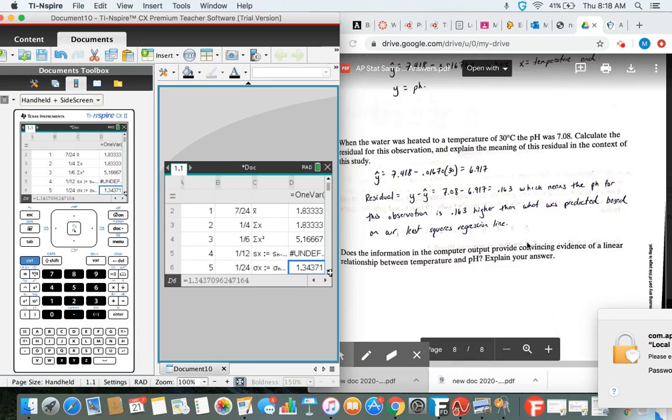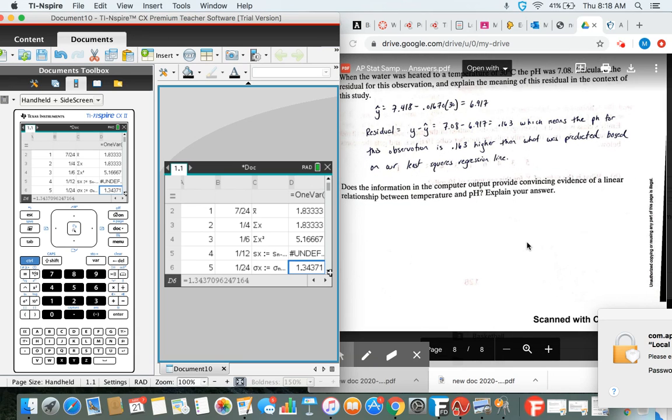Not just find the residual, but explain the meaning of this in context of the study. All right. And then finally, this question, does the information the computer output provide convincing evidence? So what chapter, let me see here, I got my book out. Chapter 12 in our book was more about regression.